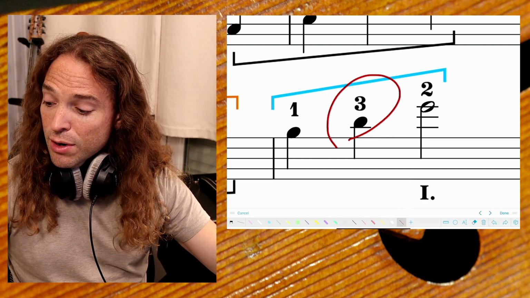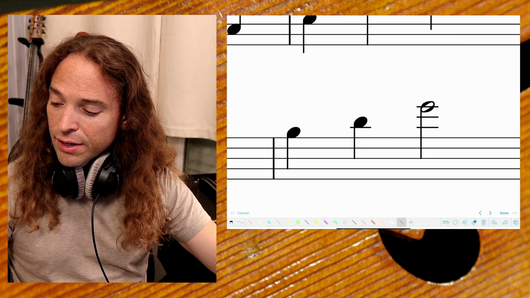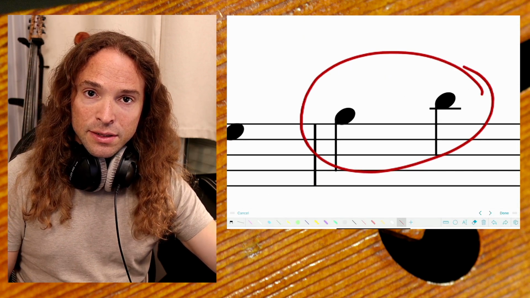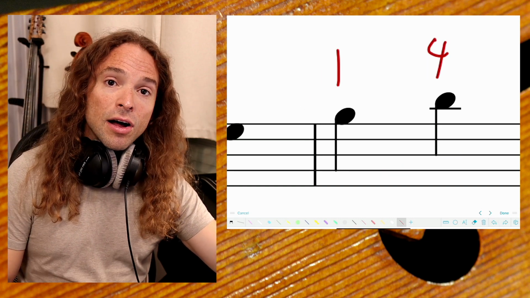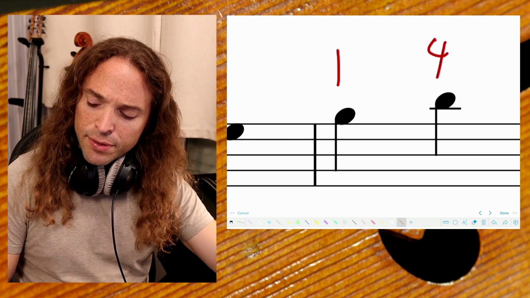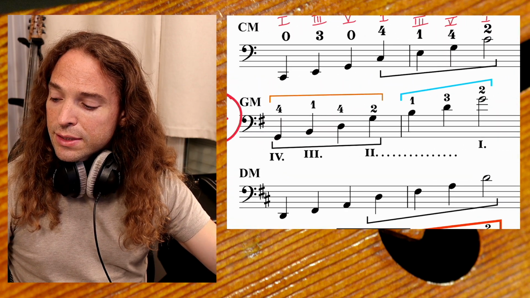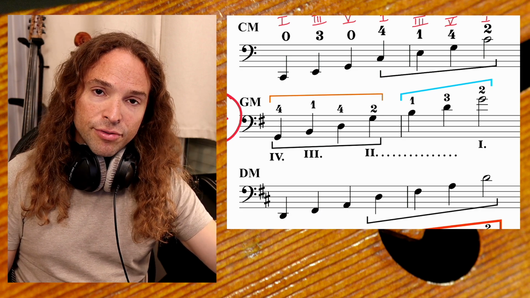But if I take all the fingerings away and say, well, what are these notes? Well, if you look at this, this is the first finger and the fourth finger on the A string. Eventually, she was able to get to it, and as I walked her through it, she was able to understand how to play this fingering.